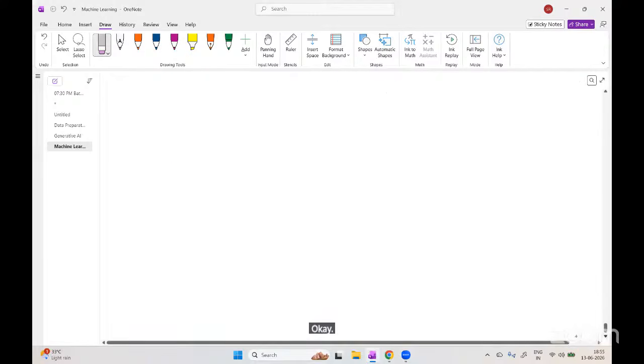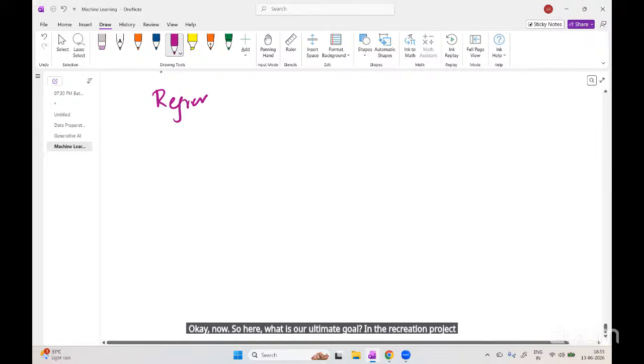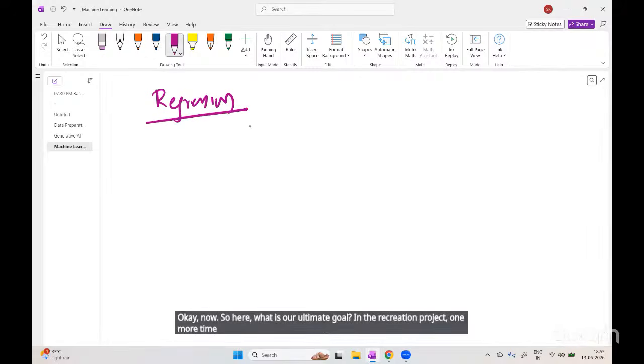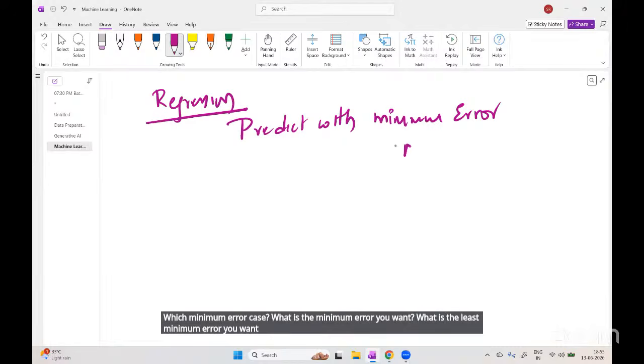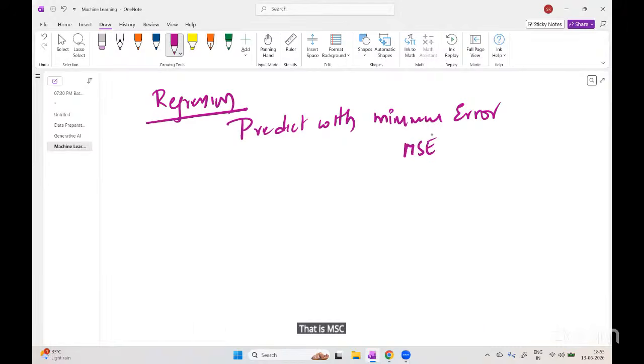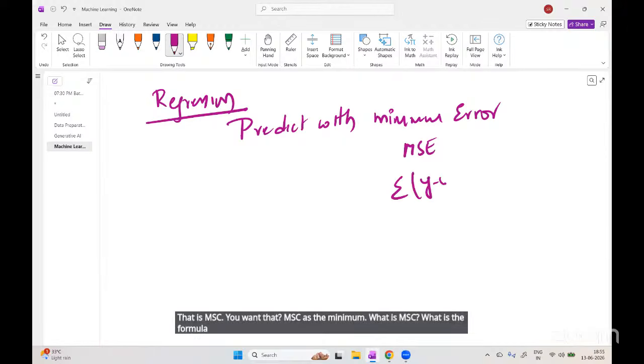Okay. Now, what is our ultimate goal in the regression project? One more time, we have to predict with least error or minimum error. Which minimum error do you want? That is MSE. You want the MSE to be minimum. What is the formula for MSE? Sum of (y minus y hat) whole square divided by n. This one we want as the minimum.